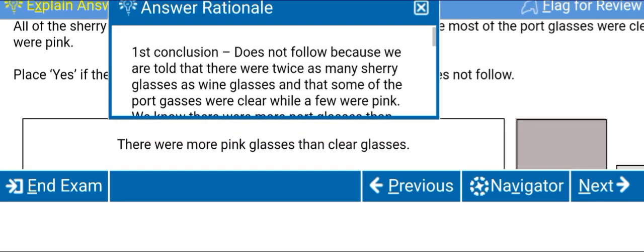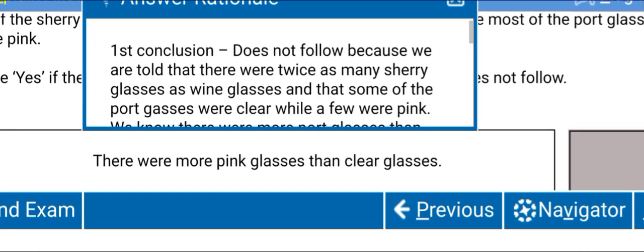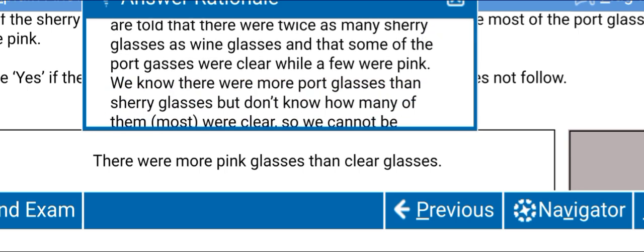So here we have our first conclusion, that there were more pink glasses than clear glasses. It does not follow because we are told that there were twice as many sherry glasses as wine glasses, and that some of the port glasses were clear while a few were pink.